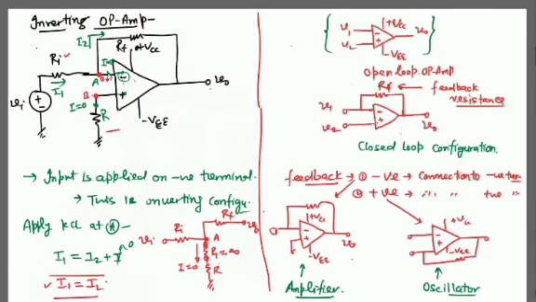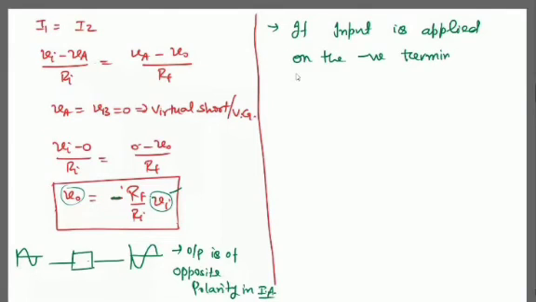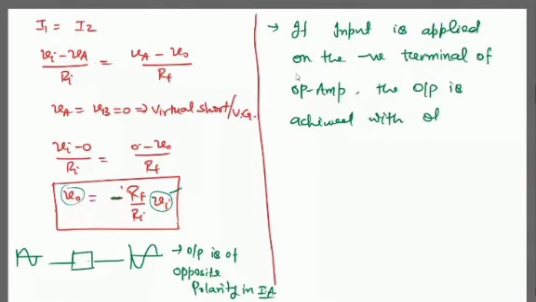So we can rewrite this definition: if input is applied on the negative terminal of opamp, the output is achieved with opposite polarity.